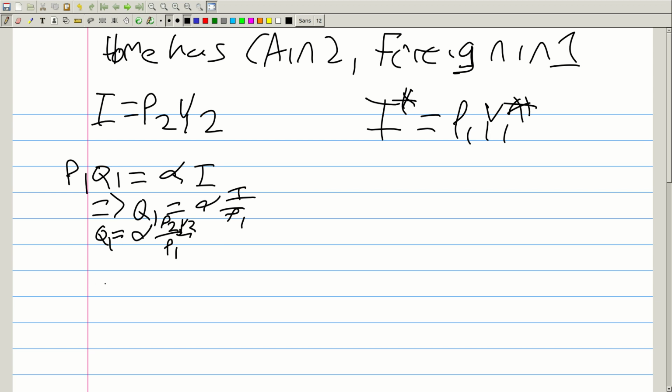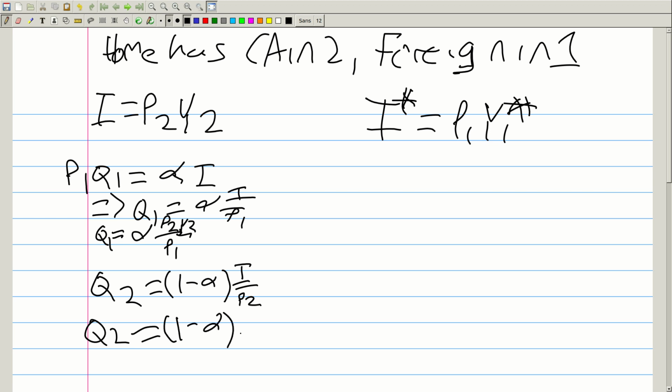Okay, and then Q2, well, likewise, it's going to be 1 minus alpha I over P2. Hopefully you can sort of see that pattern. And then, again, if we just plug in for I here, now we get that Q2 is going to be equal to 1 minus alpha P2 Y2 over P2. And so what does this simplify down to? This just simplifies down to 1 minus alpha times Y2.